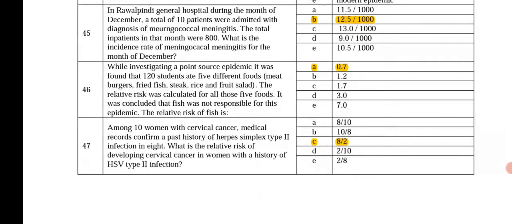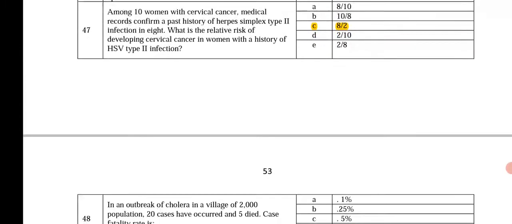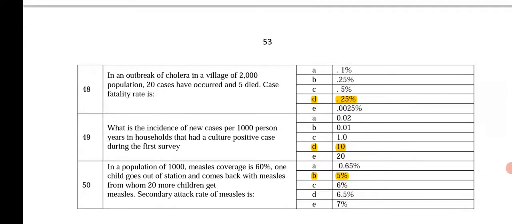Among 10 women with cervical cancer, medical records confirm a past history of herpes simplex type 2 infection in 8. What is the relative risk of developing cervical cancer in women with a history of HSV type 2 infection? C, 8 by 2. In an outbreak of cholera in a village of 2000 population, 20 cases have occurred and 5 died. Case fatality rate is 25%.